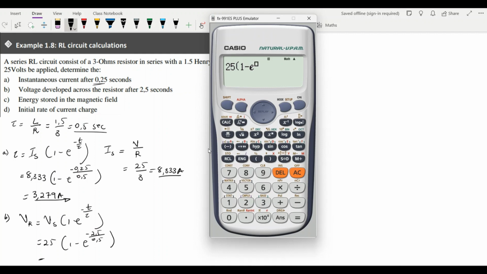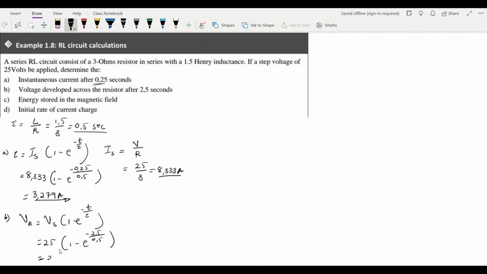The exponent is a fraction, so you must press the fraction sign, negative 2.5 divided by 0.5. Remember about the cursor, it must be big enough. There, you get that the voltage will be 24.832 volts. We move along.